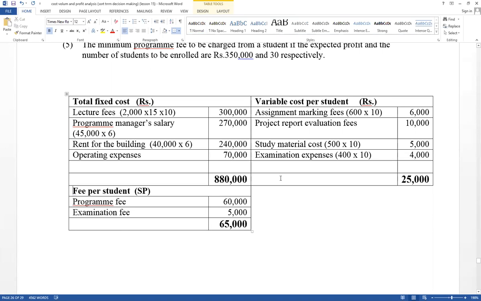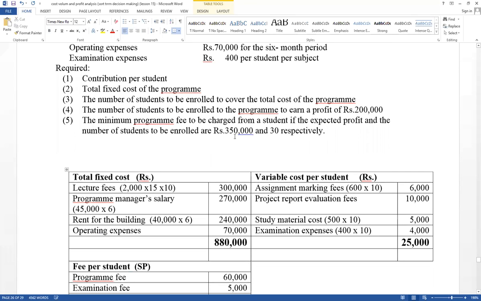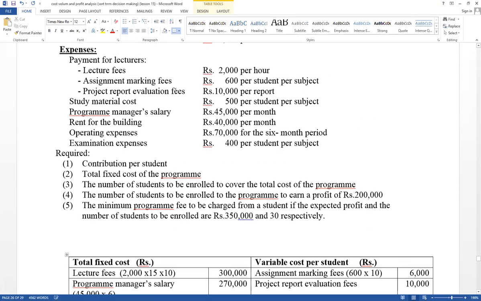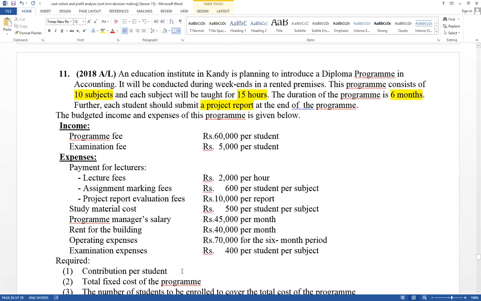Now see the requirements. Before answering the question, you have to prepare workings. Now think about the requirements. First one, they ask for contribution per student, contribution per unit.